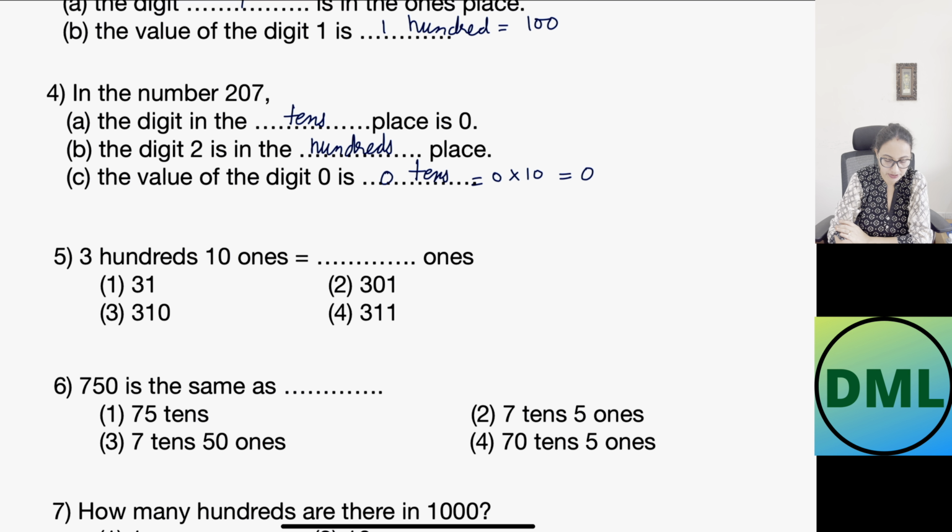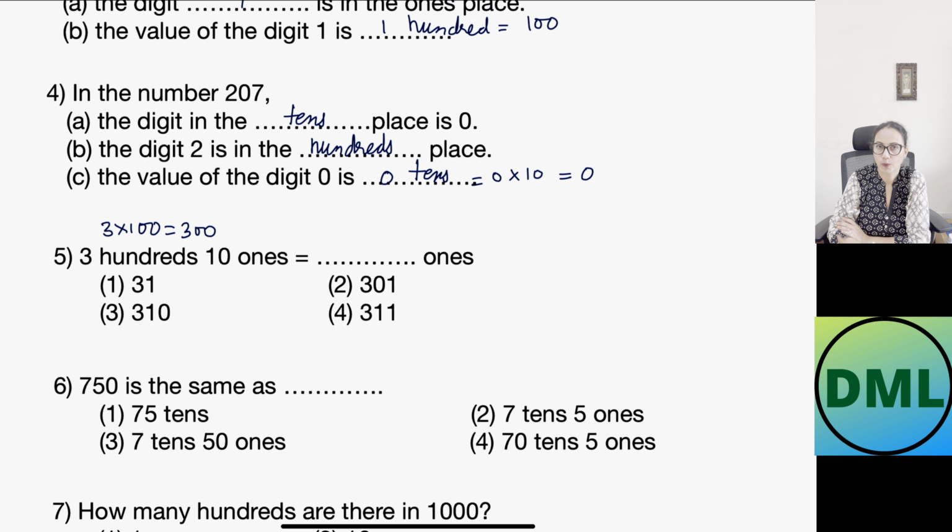Let's see the next question here. 3 hundreds, 10 ones is dash ones. He is asking, you have to write down the number as ones. Ones means 1. First, we will write down what is our number here. The number is 300. 300 means 3 multiplied by 100, which is equals to 300. 10 ones.